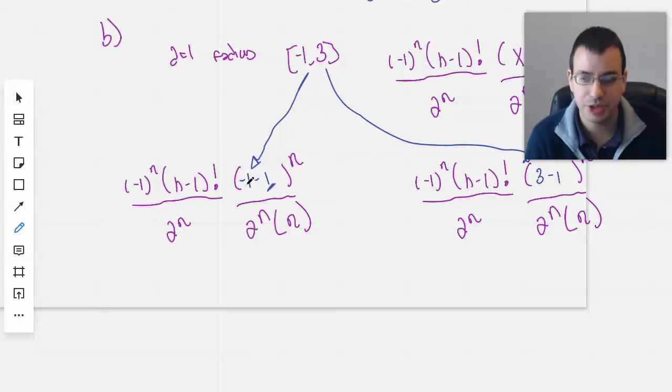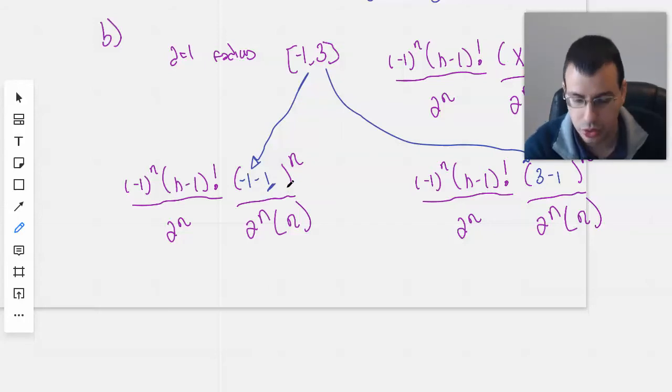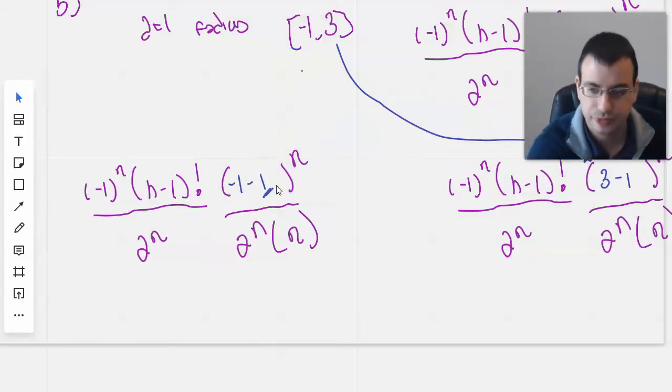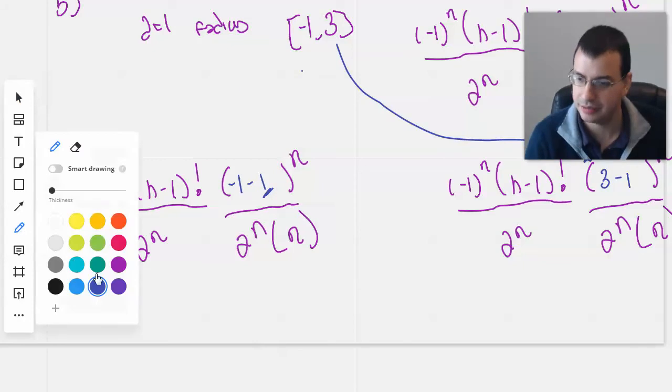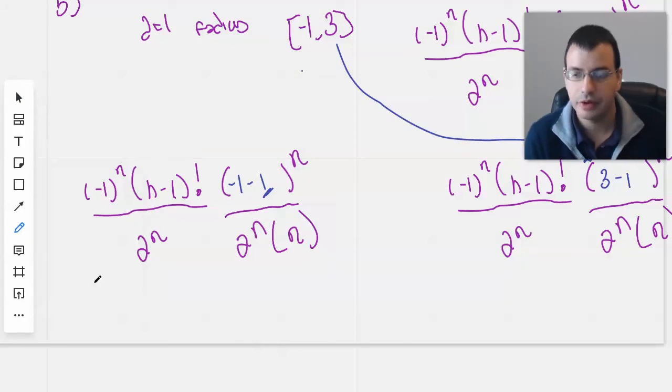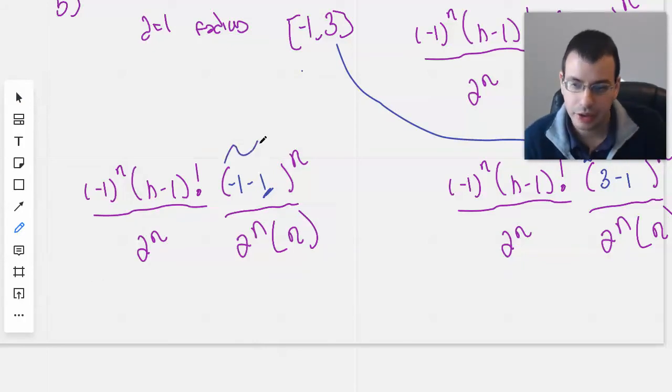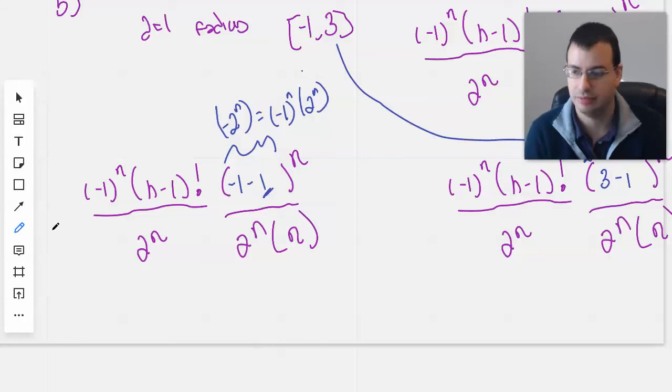So what this becomes is -2 to the n, which equals (-1) to the n times 2 to the n.